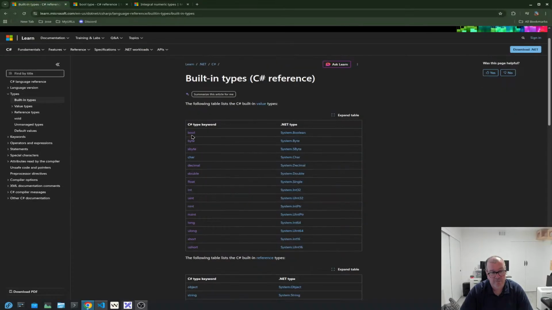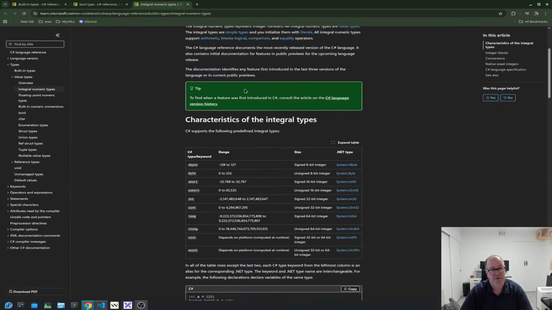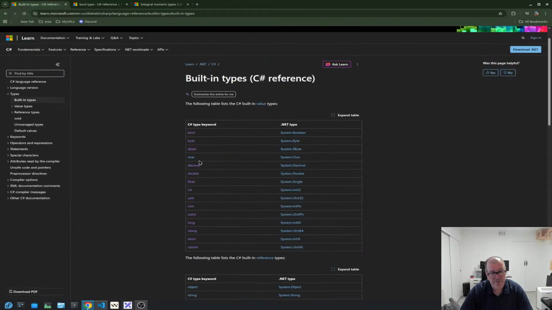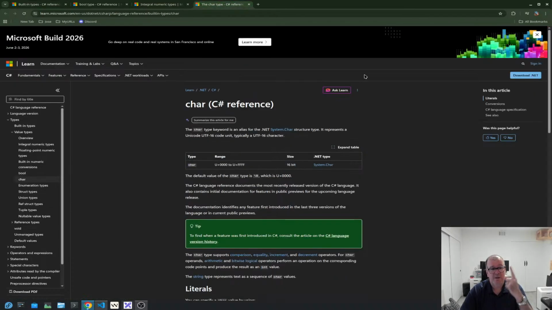We already saw Boolean, byte, and sbyte, most of the other integer ones. So as you can see, these are all the integer types. If we go back to this list, we see an interesting one here, char. Char represents one symbol from Unicode. We already have an idea about Unicode. It's a table that can map every single symbol from any language that exists.